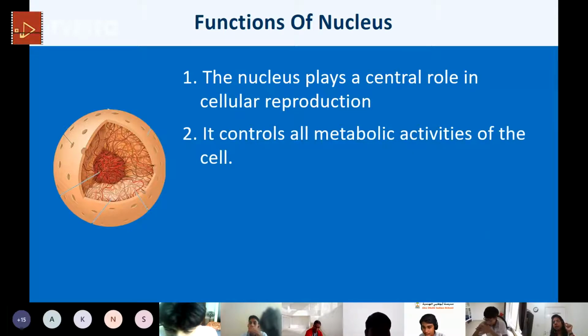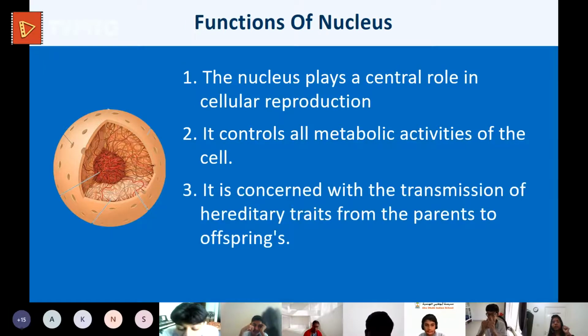The nucleus has all the information for the metabolic activities of the cell. Inside the cell, what kind of cellular reaction will happen, what the endoplasmic reticulum will do, what mitochondria will do, what ribosome will do, all these chemical reactions are controlled by the DNA present in the nucleus.